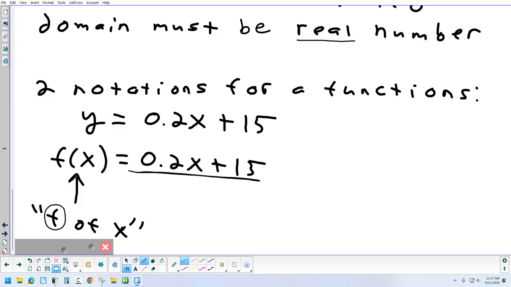So if I wrote something like g of x, just make up something different, that means I've given the name g to that formula, and the letter that it uses is x. So, name of the formula, variable in the formula, specifically the independent variable.